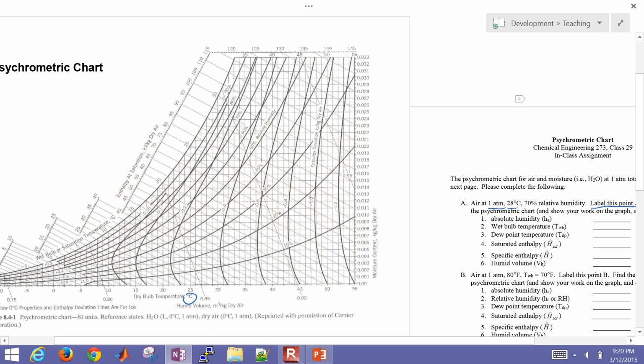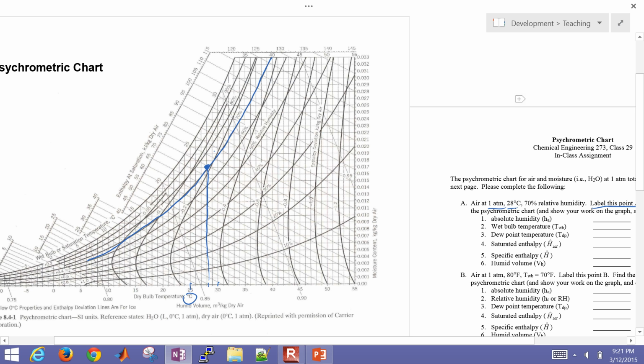Here's our 70% relative humidity line right here. I'm just going to draw that. And then we had 28 degrees Celsius. So there's 25, there's 30, and there's 28. I'm going to come up.